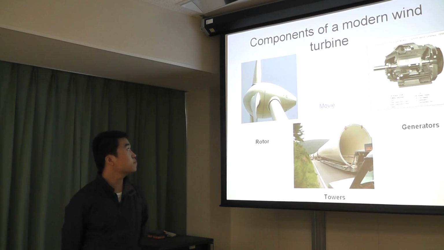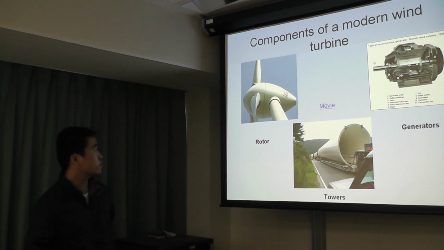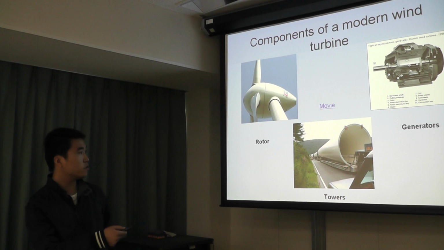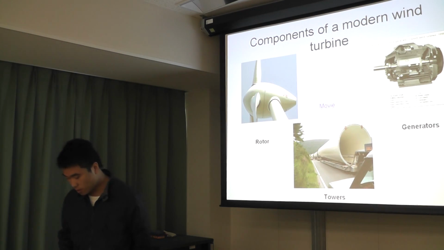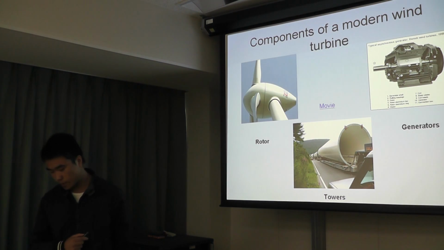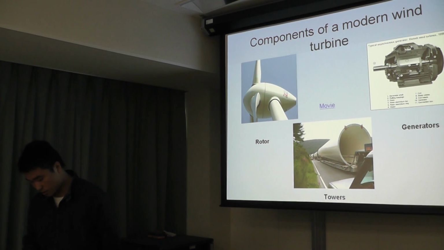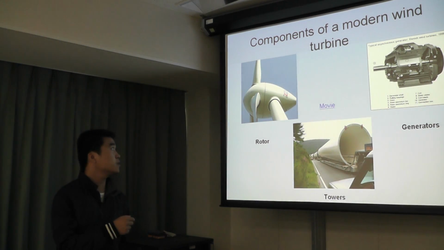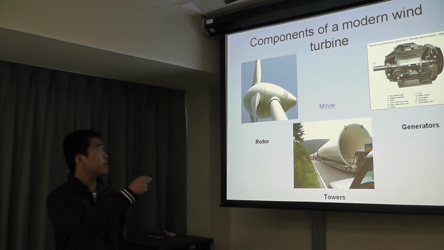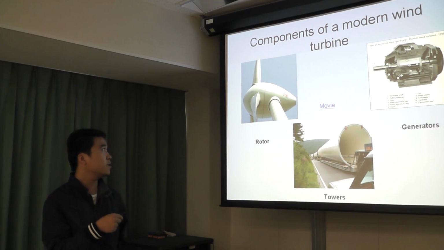Here are the main components of the wind turbine: the rotor, the generator, and the tower. First, let's have a look at the rotor. The rotor is the propulsion of the wind turbine, which captures the energy from the wind. It usually consists of two or more blades, and the blade's shape depends on the wind speed.